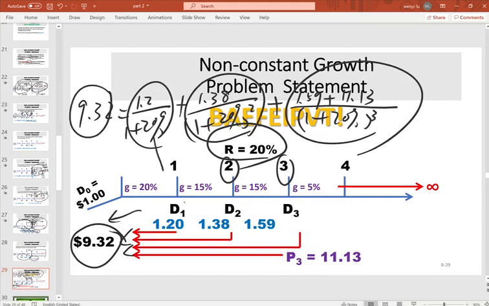So this is D1, this is D2, and this is D3 plus P3. That's our calculations for the non-constant growth models. We will split into the different stages, do calculations, then combine all these numbers up by using our PV calculations.